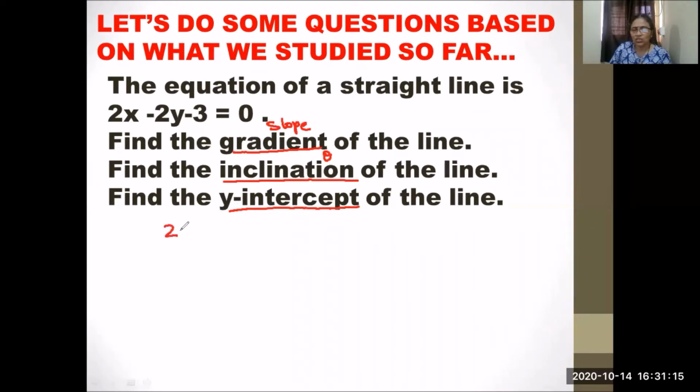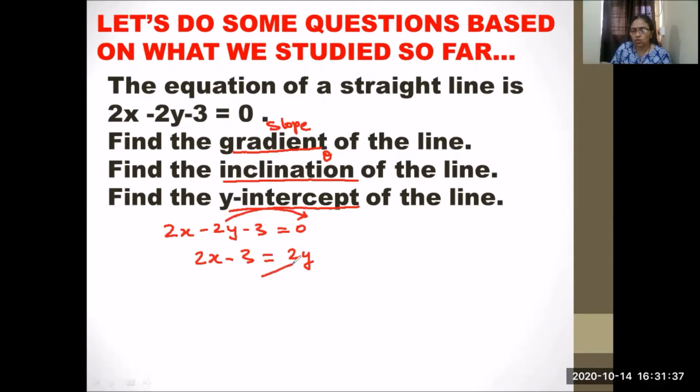Okay. So 2x minus 2y minus 3 is equal to 0. Send 2y to the other side. You'll get 2x minus 3 is equal to 2y. So we have sent minus 2y to the right hand side and we got plus 2y.